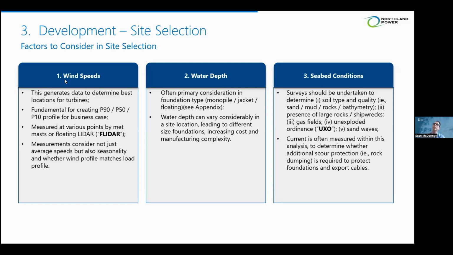Jackets are used beyond that, from 30 maybe to 60, or I've seen up to 80 meters. And then beyond 80 meters or beyond 100 meters, the cost of steel and the weight of the foundations makes installation difficult and or production expensive.